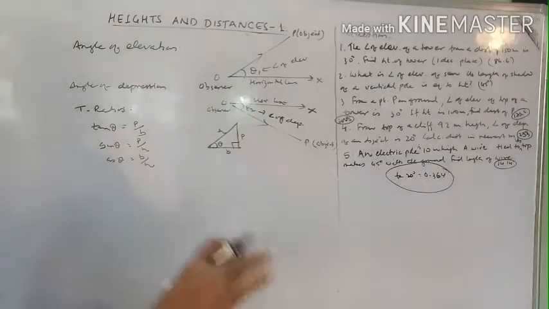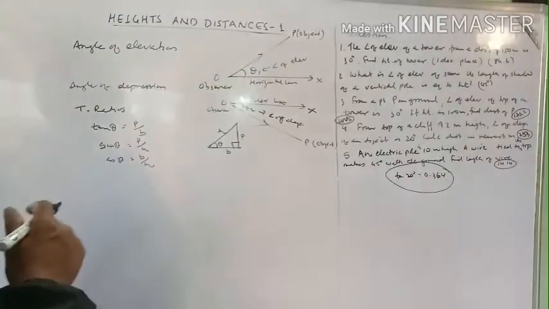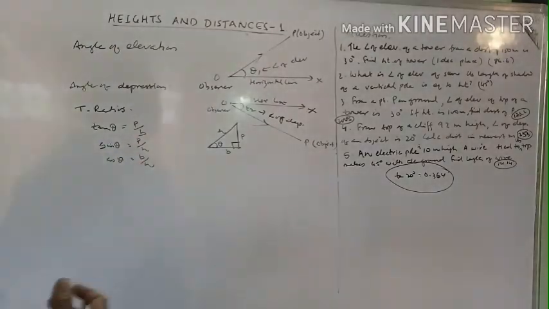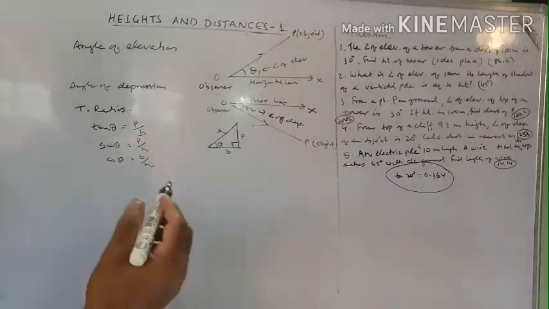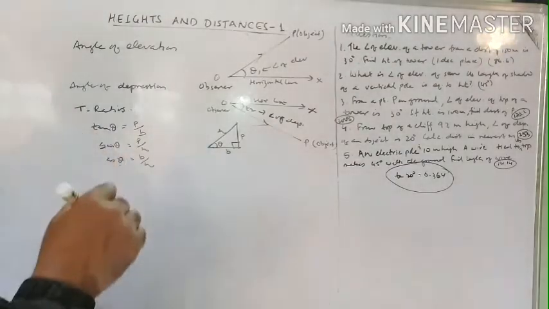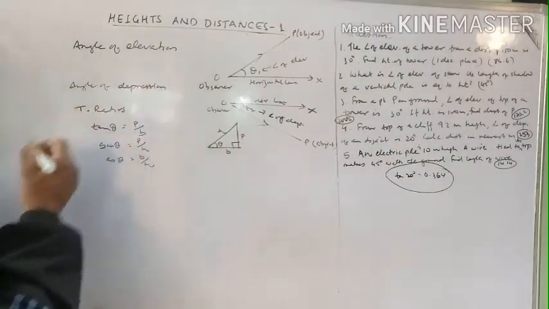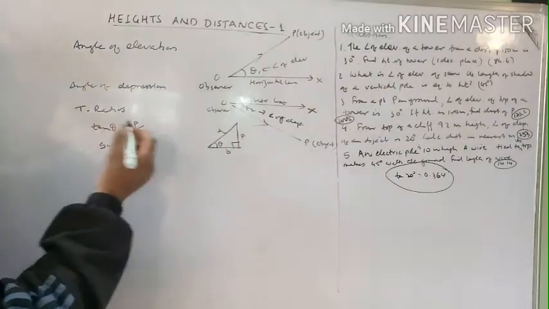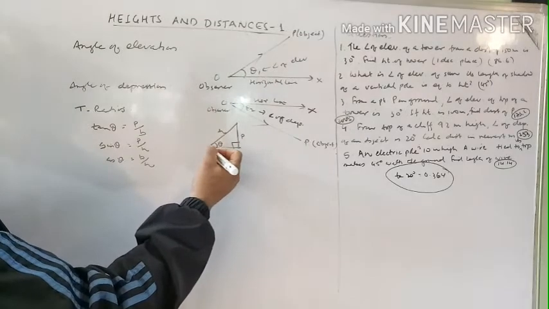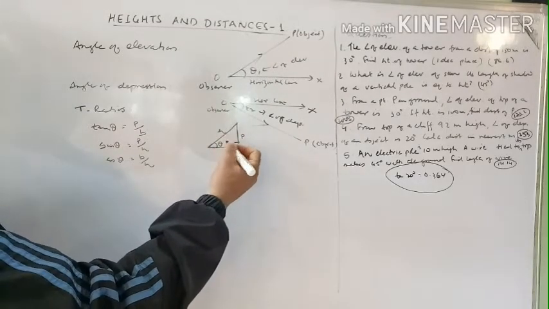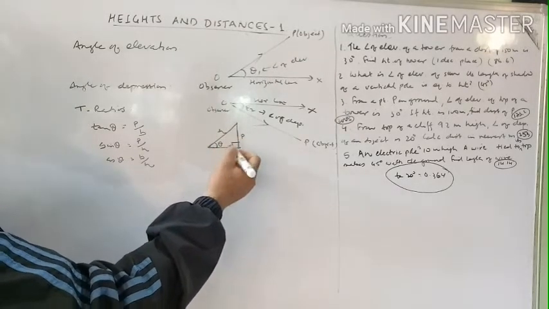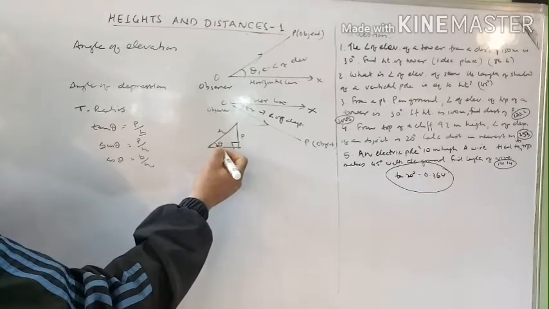For example, if you are on the ground looking at the top of a building, that is the angle of elevation. But when you are on the top of the building and looking at some object on the ground down there, that is the angle of depression. Now, with trigonometric ratios, if you know two sides, you can find the angle theta.